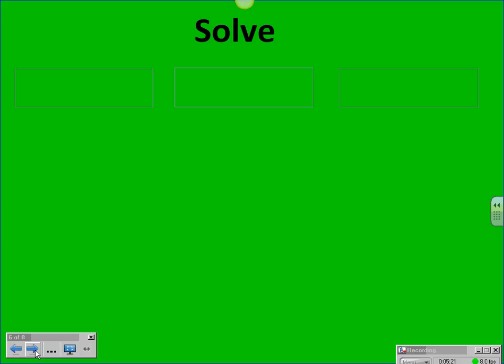Okay, so let's solve some equations. You have your parentheses, and your base would be x squared, so x times x using your first term. Now you have to find factors of 12 that add up to 7. So you have 1 and 12, 2 and 6, and 4 and 3. 1 plus 12 equals 13, so that's not going to work. 6 plus 2 equals 8, so that's not going to work.